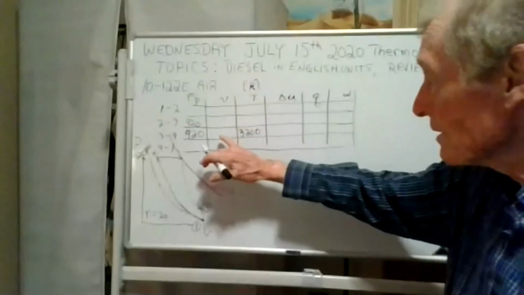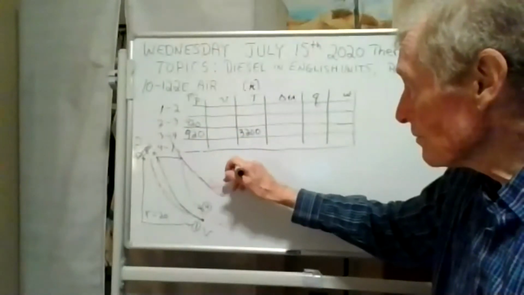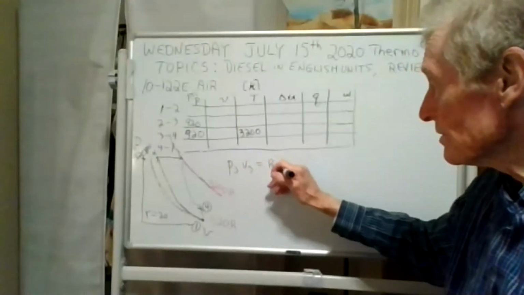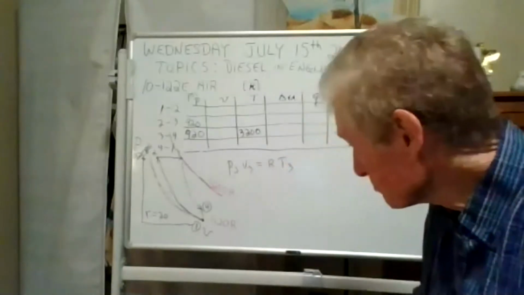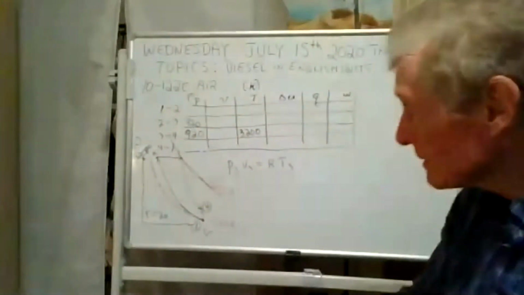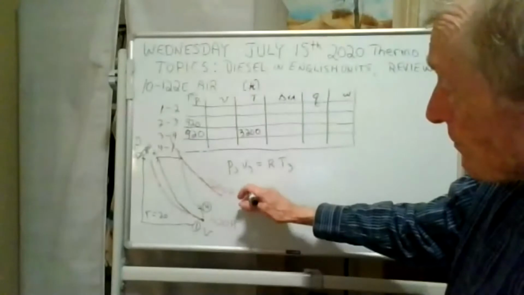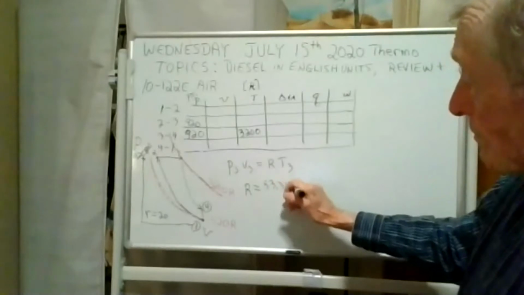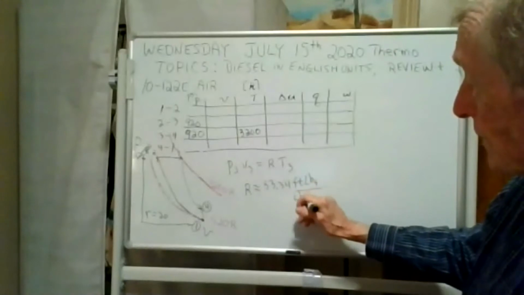Okay. Well, now that we know P3 and T3, we can go P3V3 is equal to RT3. I want to see if any of you guys know how to do that. I mean, we know what R is. Here, I'll write it for you. It's 5334 foot-pounds force per pound mass Rankine.